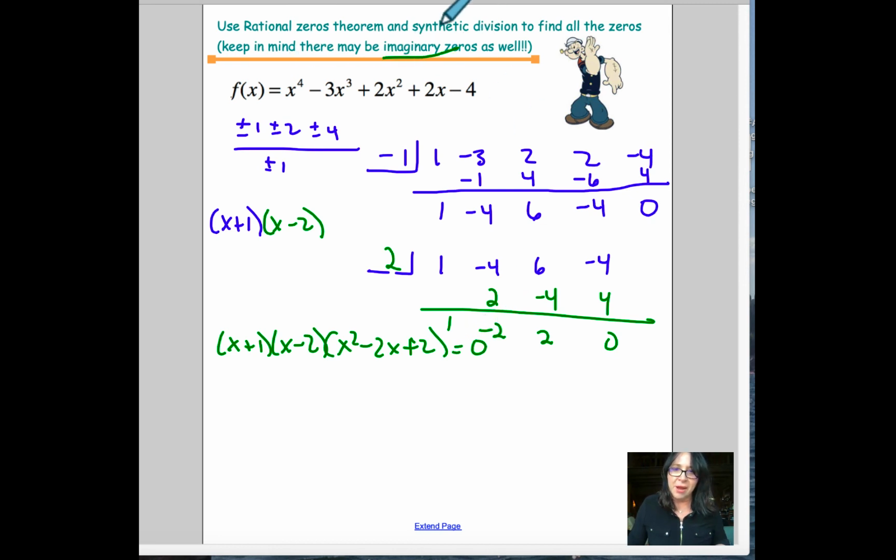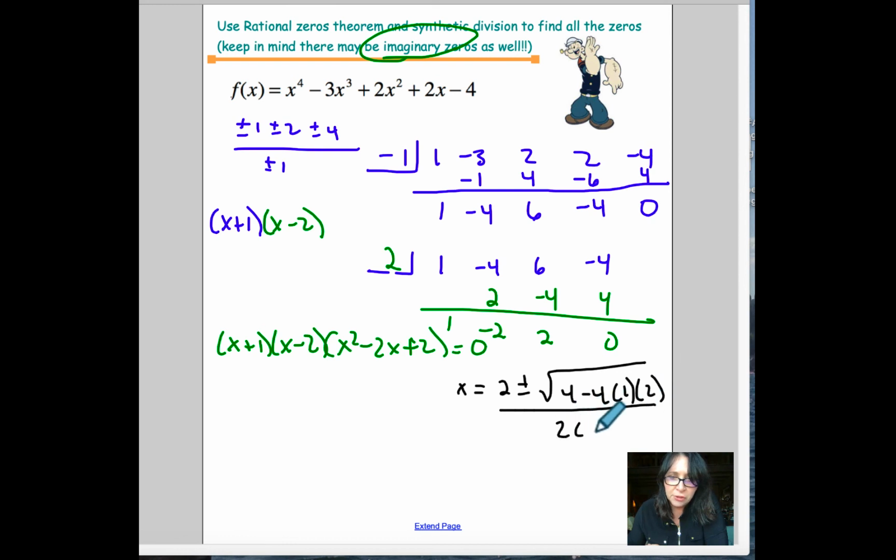Oh no, it says it might be imaginary. We're going to have to use the quadratic formula. So x equals the opposite of b, which is 2, plus or minus the square root of b squared minus 4 times a times c, all over 2 times 1. So that's 4 minus 8, which is negative 4.